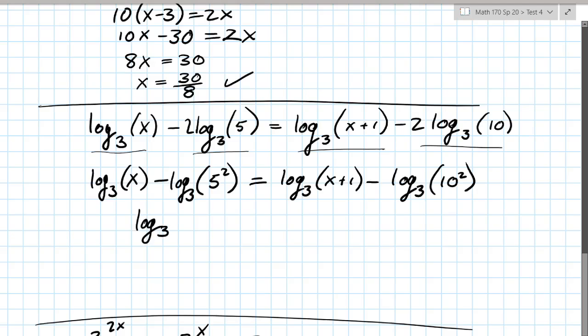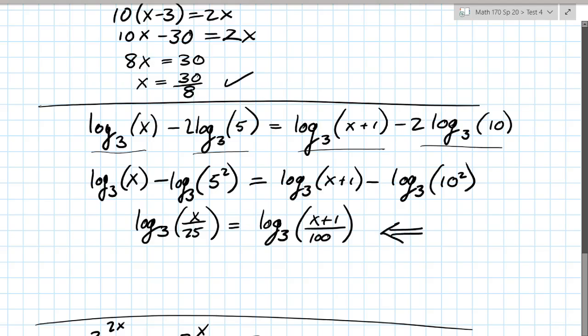Log base 3 of x over 25 is equal to, collapsing these two together on the right-hand side. Now what we have is log of m is equal to the log of n. Therefore, x over 25 is equal to x plus 1 over 100.